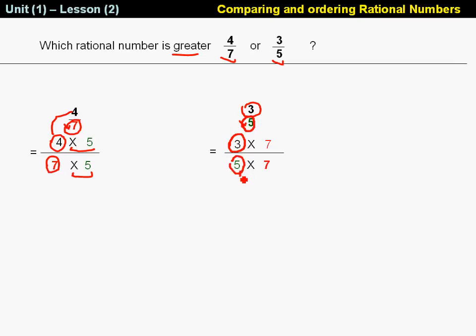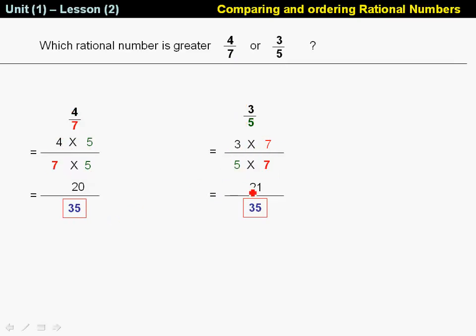We multiplied 5 times 7. So 3 must be multiplied by 7 also. 4 times 5 equal 20. 7 times 5 equal 35. And also 3 times 7, 21.